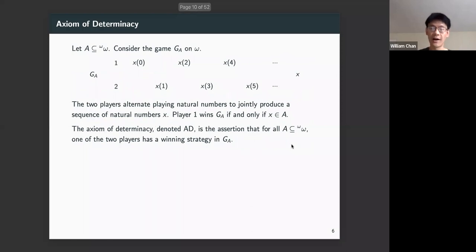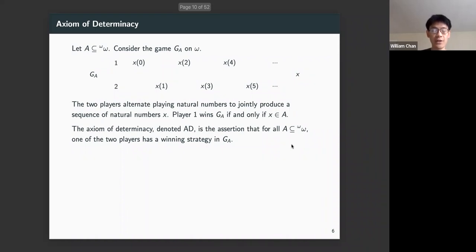Okay, so in this talk, I'm not really going to do too much with determinacy, but let me just remind you what the axiom of determinacy says. So fix a subset A of omega sequences of natural numbers.